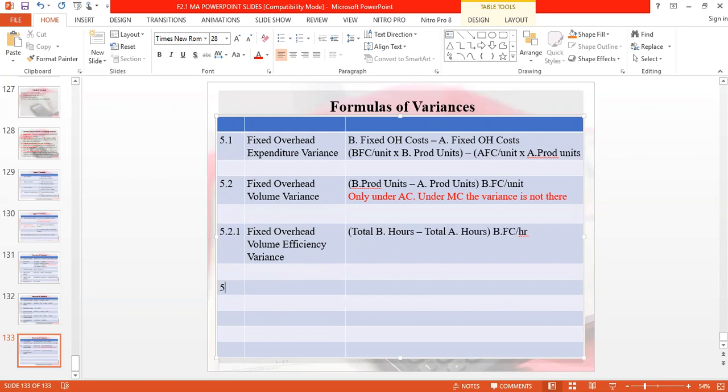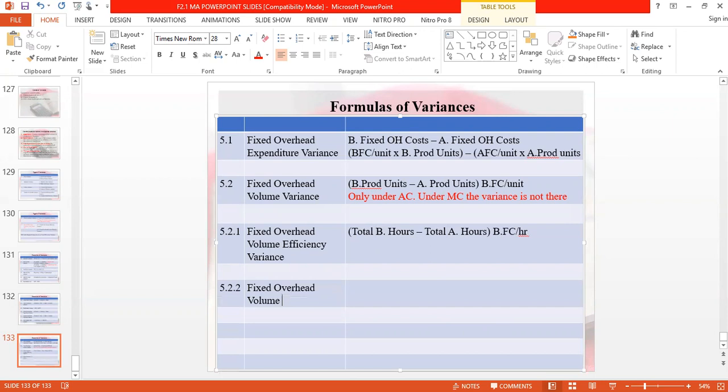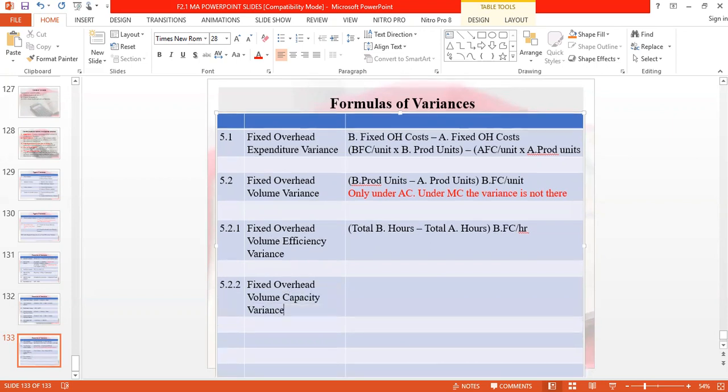Next, 5.2.2. Fixed overhead volume capacity variance.